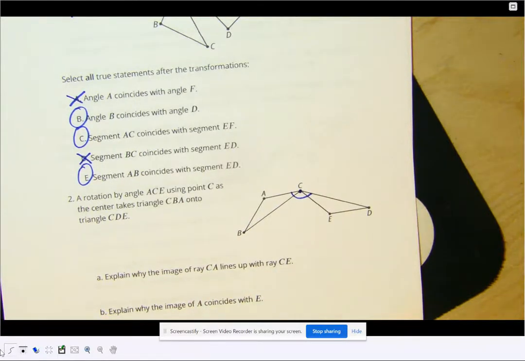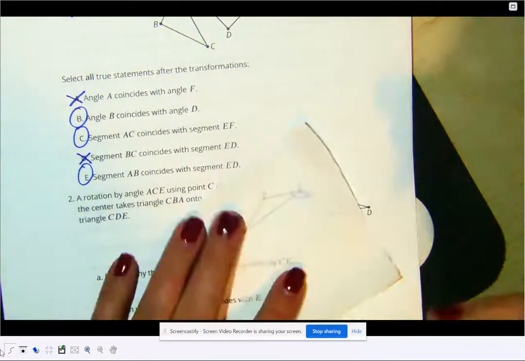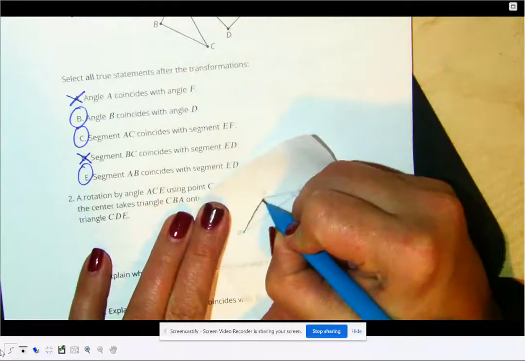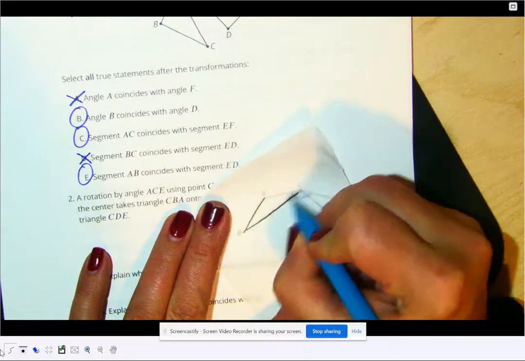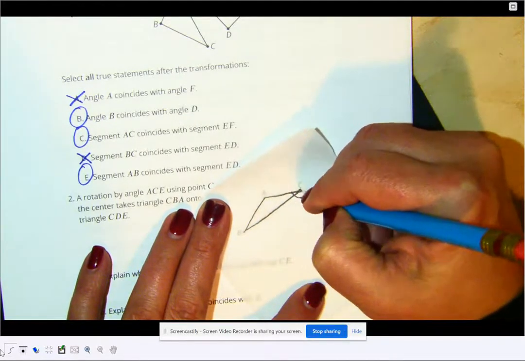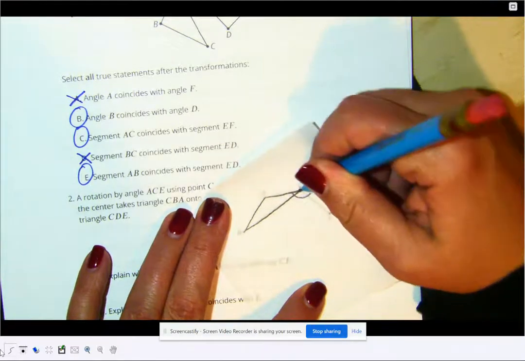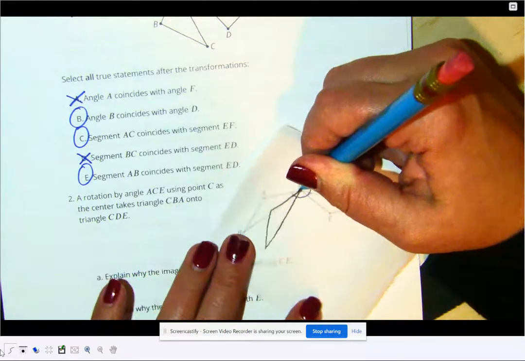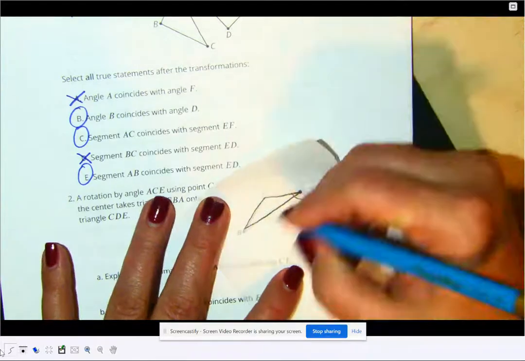Let's get a piece of tracing paper. Okay, we're going to rotate it this much. And I better put letters on it here.